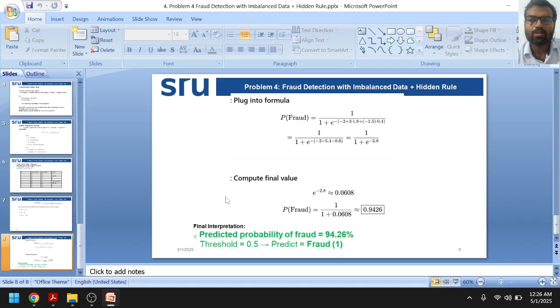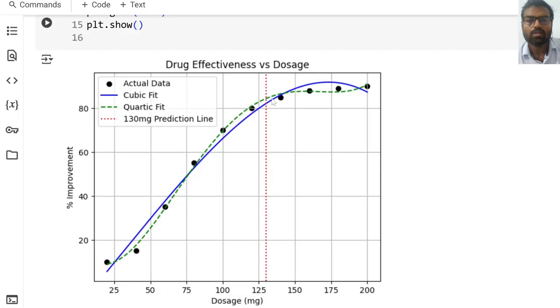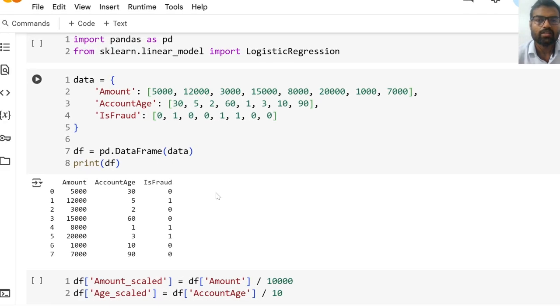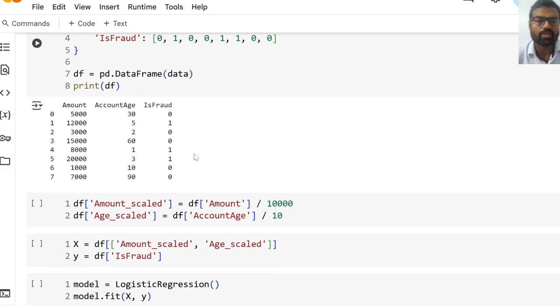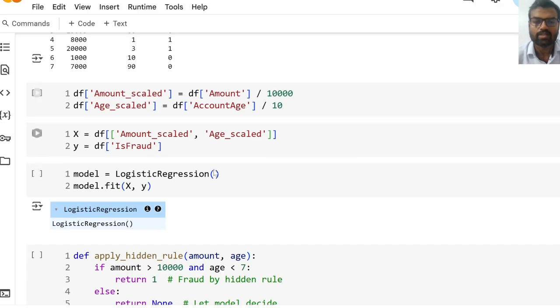So let's get back into our code. This one is a hidden thing, right? I'm importing logistic regression from the scikit-learn linear model. Then I feed the data into a data frame, and obviously I scale it.